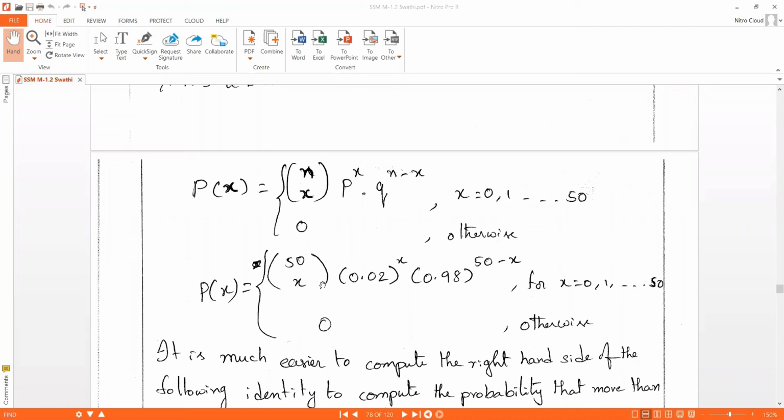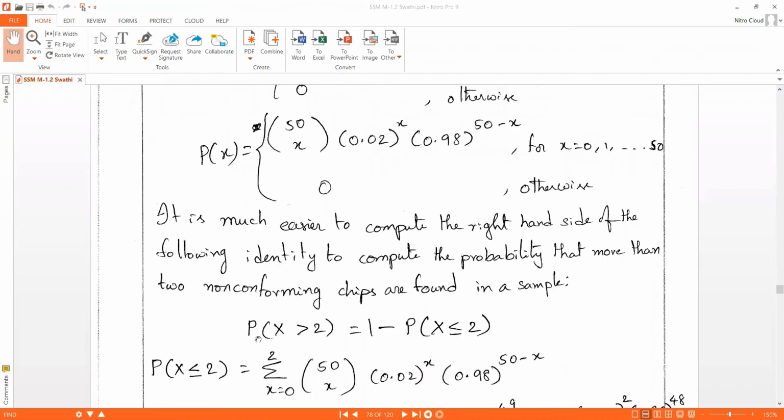Substituting the values, P of x is 50Cx into 0.02 power x into 0.98 power 50 minus x for all x equal to 0 to 50, otherwise it is 0.